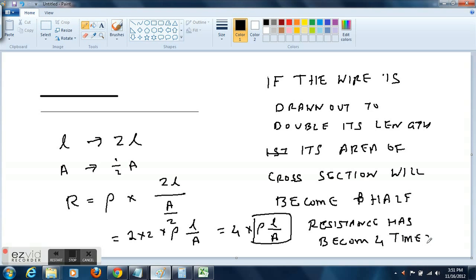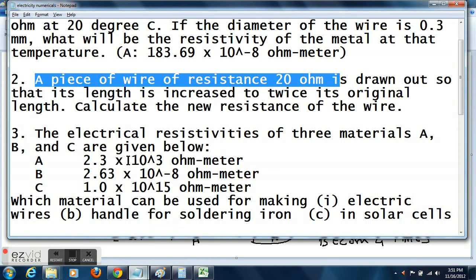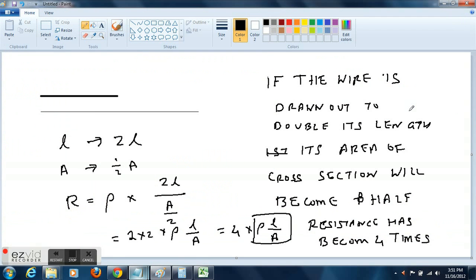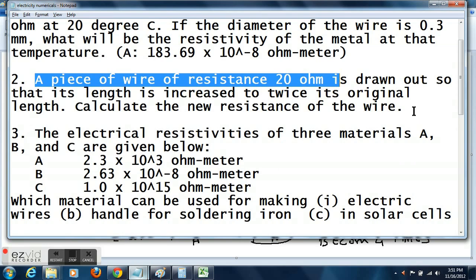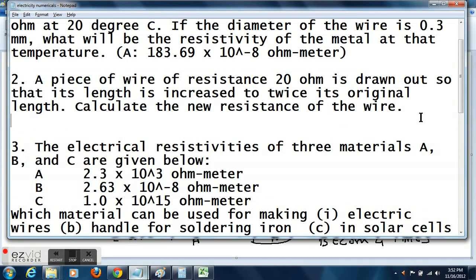So when you stretch the wire to double its length, its resistance will become 4 times. Now the original resistance of the wire was 20 ohms. It was given. So when the resistance becomes 4 times, 4 into 20, it will become 80 ohms. So 4 times 20 ohms equal to 80 ohms.